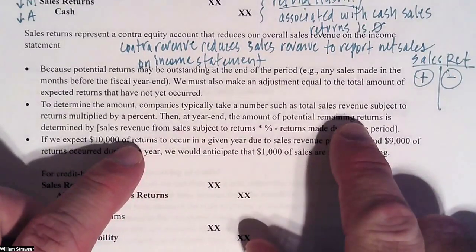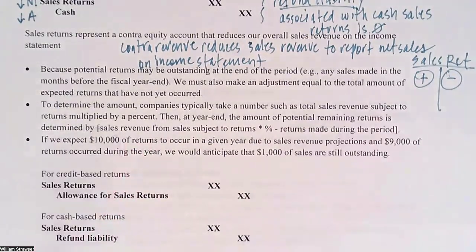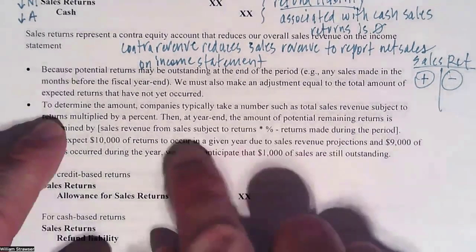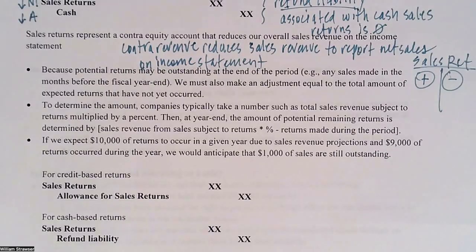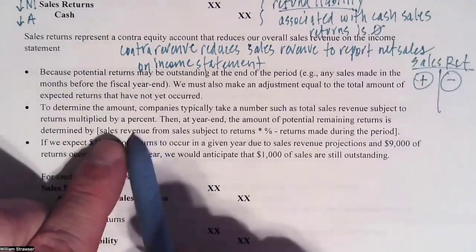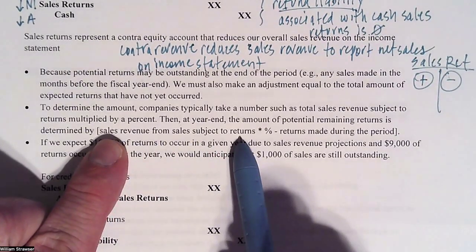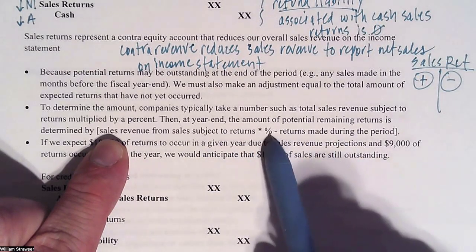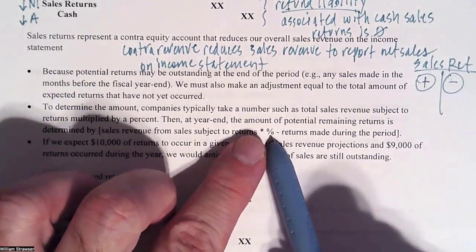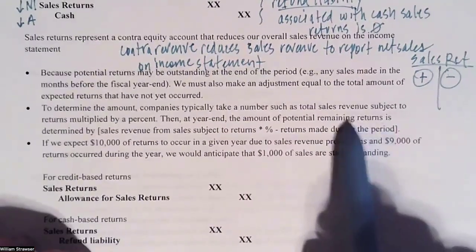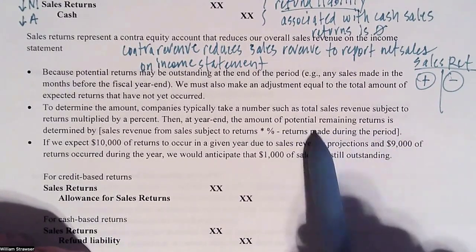Usually they're going to take a number like total sales revenue that they made on cash and credit based sales, and then multiply it by a percent. And then at the year end, we determine the potential amount of remaining returns. We look at basically the sales revenue from sales subject to returns, cash or credit based, multiply it by that percent. This is indicated by historical records. And then we subtract off any of the returns made by the period.